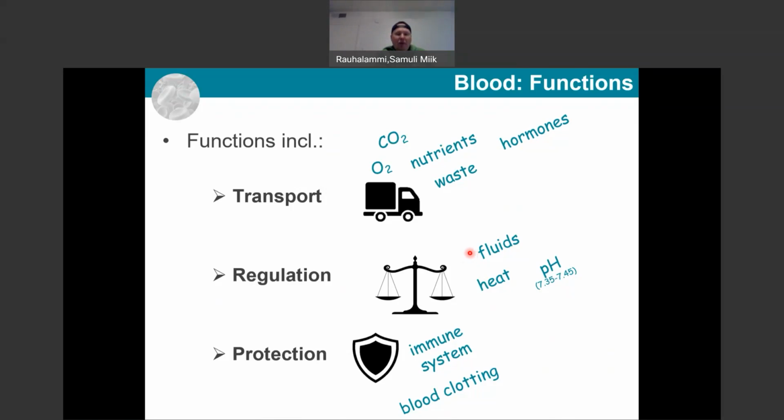We're able to move fluids from one body compartment or one body part to another really easily. The majority of the blood is, after all, water. The other thing that we notice is that blood, since it is largely made of water, and we discussed the whole concept of living by the beach, how big bodies of water have this amazing ability to absorb a significant amount of heat during the day and then release it over the day, which evens out the fluctuation of the heat at the coastal area.